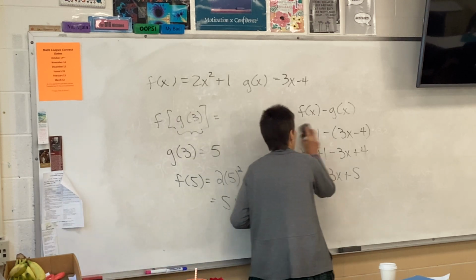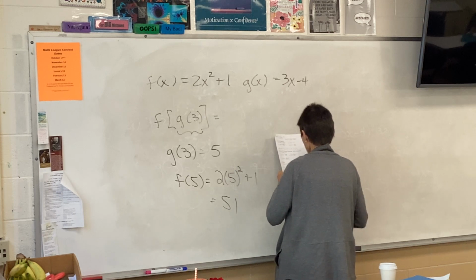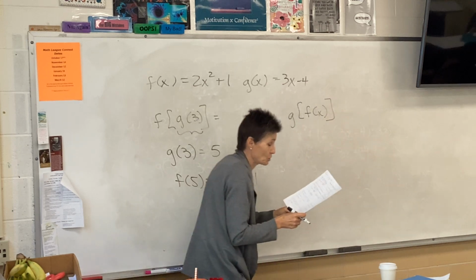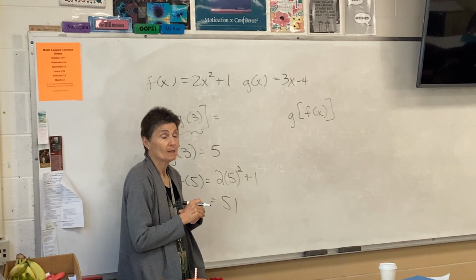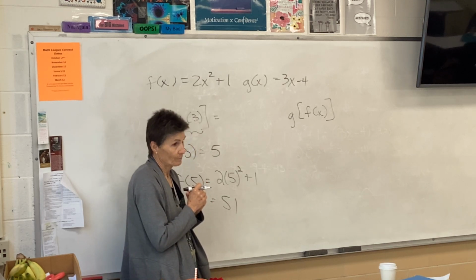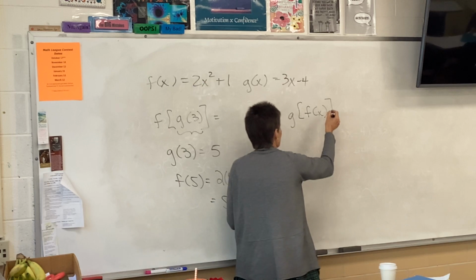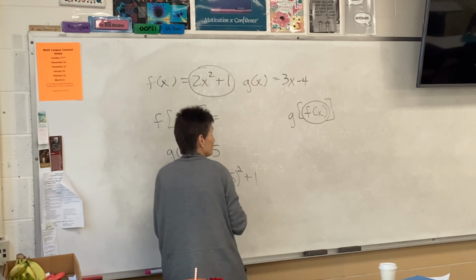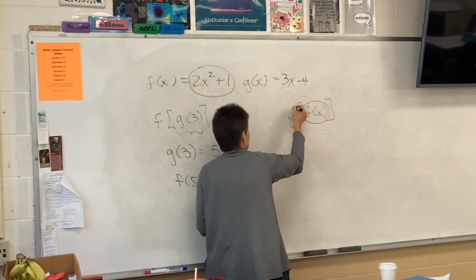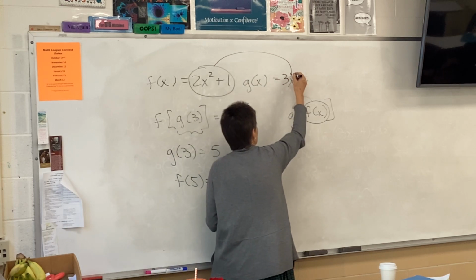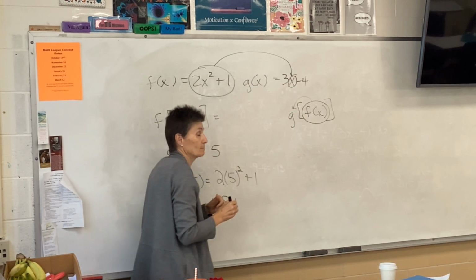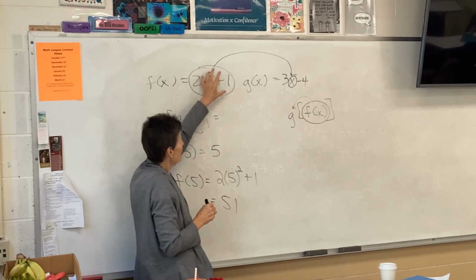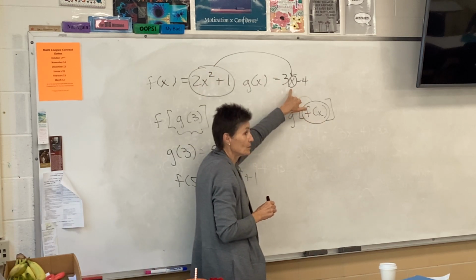Okay, you with us? All right, the last one on this whole practice test is this. It's very much like the one we just did, except we don't have a number. So we're going to take the whole f of x and plug it into g.